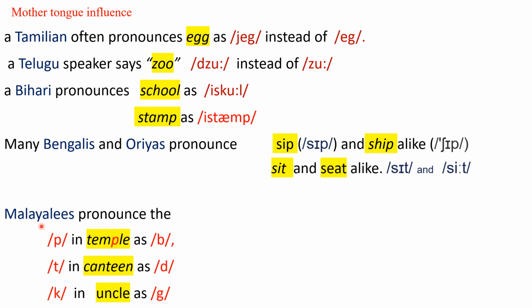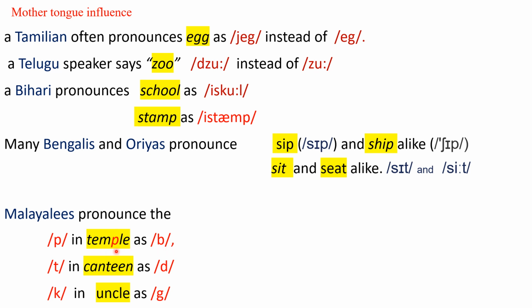And let's see how Malayalis pronounce these consonants. P is a plosive, and they pronounce the p in temple as b. In the place of p, they pronounce b: temple.